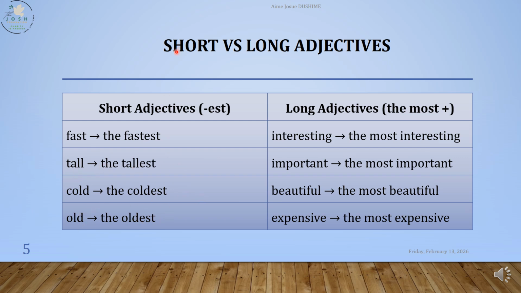Remember I told you short adjective, they have one syllable. Fast, tall, cold, old, like that. And for long adjective, just put the most and then you add that adjective, nothing else. Interesting, the most interesting. Important, the most important. Beautiful, the most beautiful. Expensive, the most expensive.